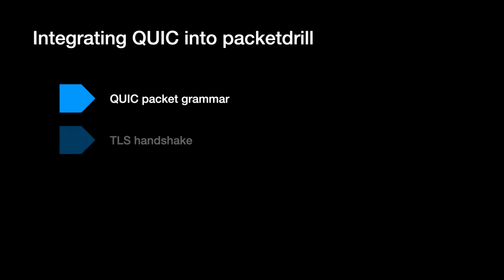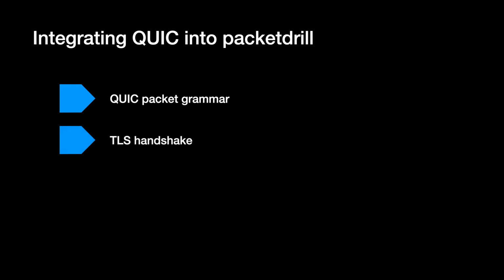Now, I would like to go over the key contributions of this paper, that is, how we integrated QUIC into packetdrill. The first task was to create a packet grammar to represent and construct QUIC packets for all packet types and different frame encodings.